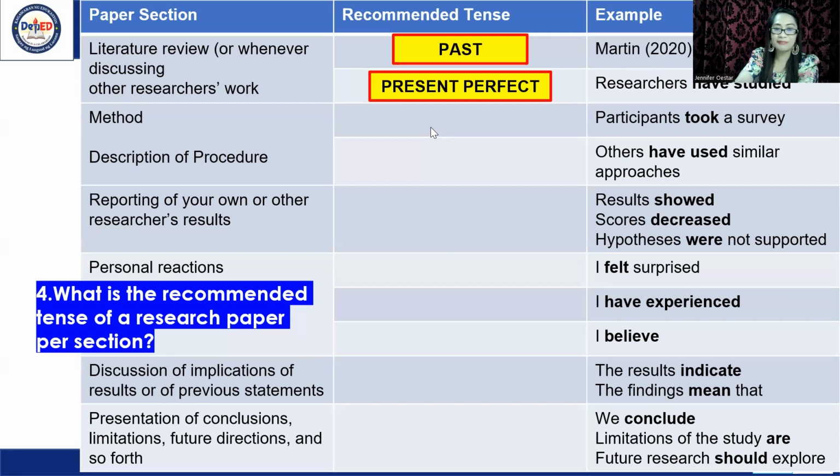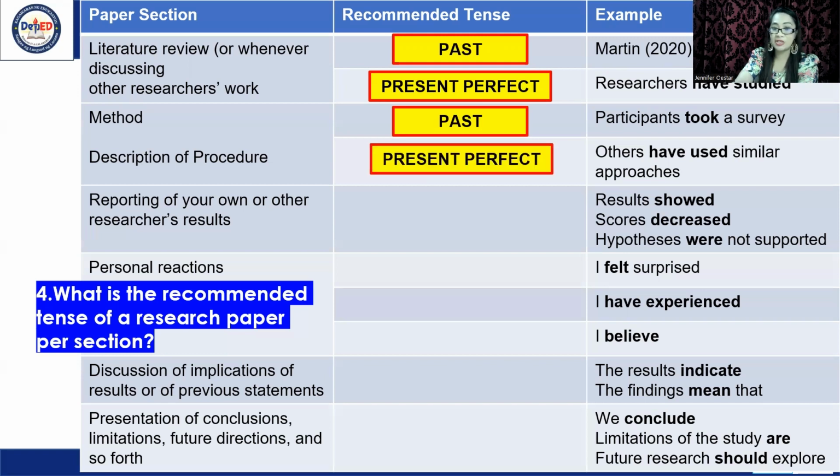How about the method and description of procedure? Example here, participants took a survey. Others have used similar approaches. In the method, we use past tense, and in the description of the procedure, we use present perfect tense.